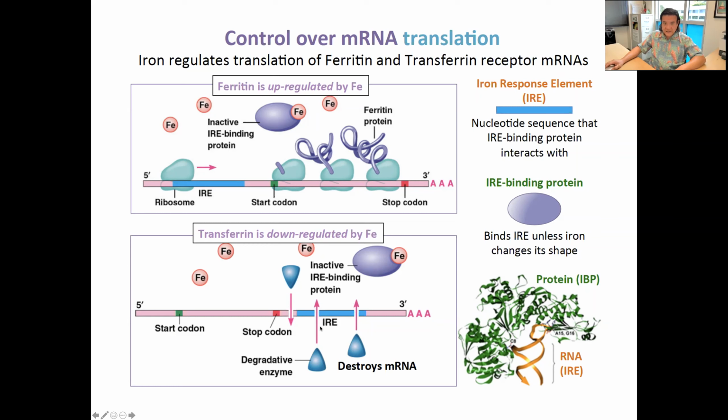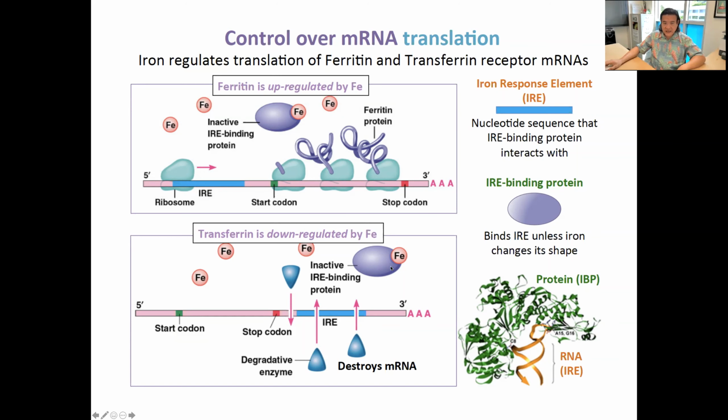So normally you would have this IRE binding protein bound to this IRE over here, and that would prevent these different degrading enzymes from cutting up this mRNA. As a result, normally you'd have ribosomes coming in at the start codon, translating, and then stopping at the stop codon, and you'd be making the transferrin receptor protein. But if you now have a ton of iron in the cell, the cell no longer wants to waste effort or resources making more of the transferrin receptor on the outside, because they just keep bringing more iron in.